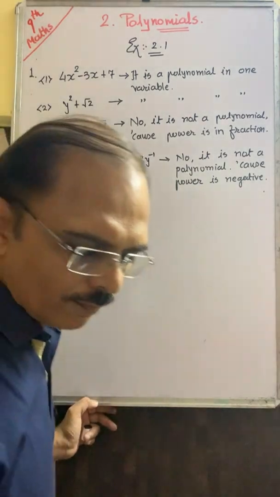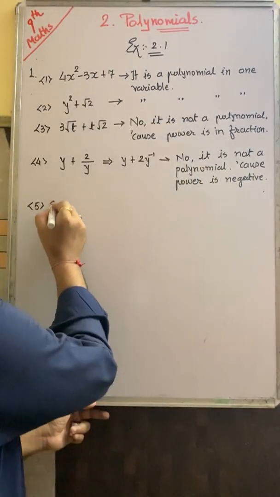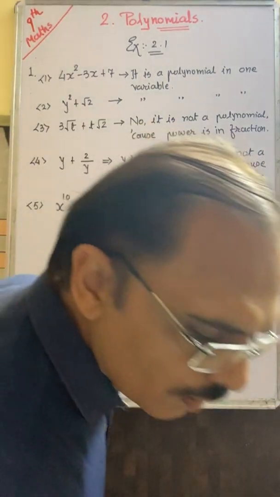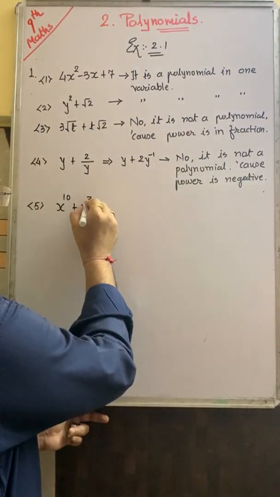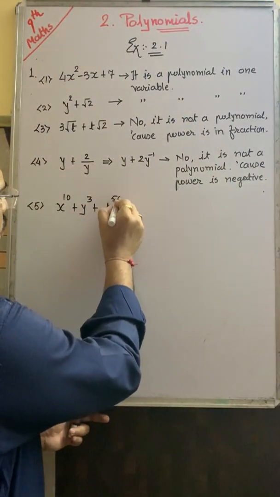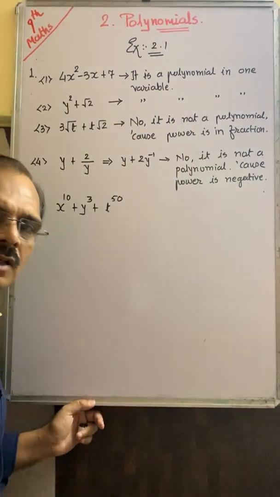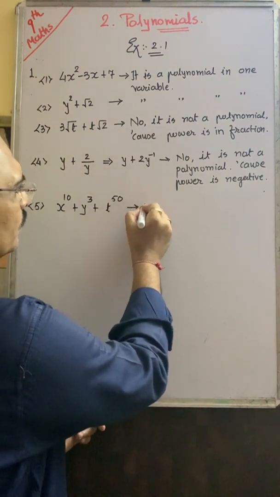Fifth, x raised to 10 plus y raised to 3 plus t raised to 50. Here this is not called polynomial because 3 variables are there.